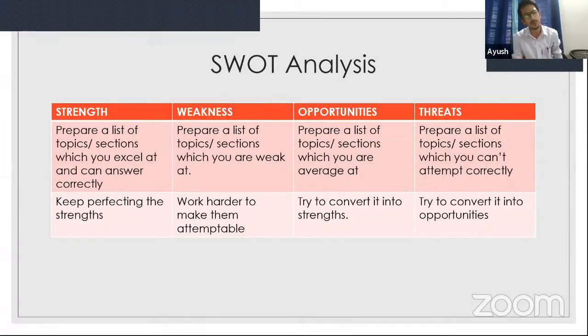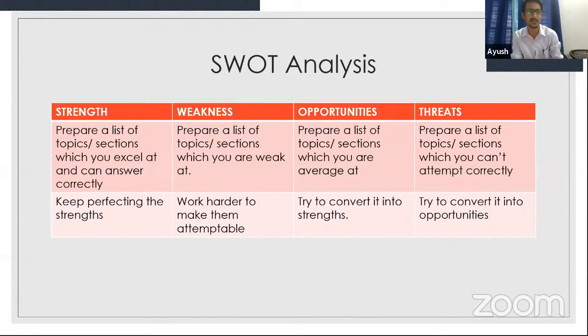At the same time, you can also further dissect your topics and sections into sub lists, subtopics and subsections. For example, if I'm talking about general knowledge, in the section of general knowledge there is static and there is current. Then under static, there can be world capitals, abbreviations, history, geography.